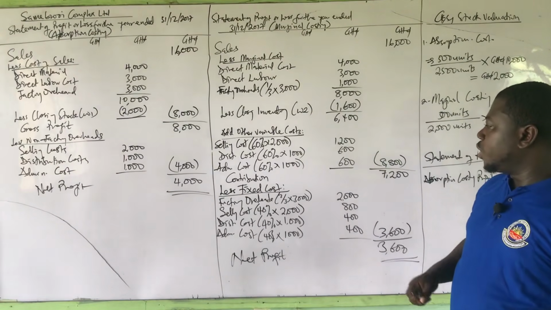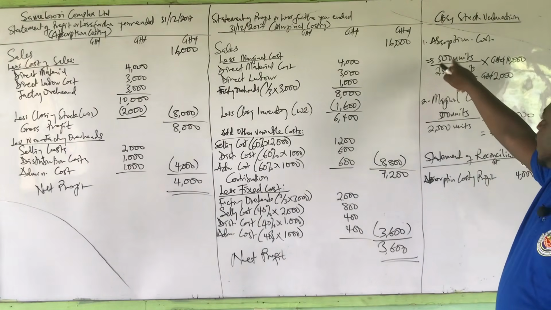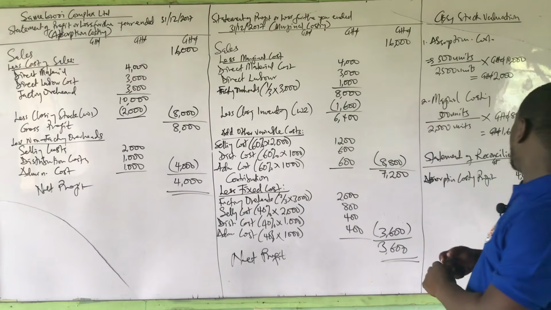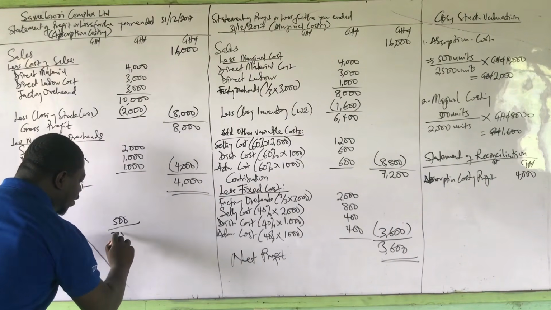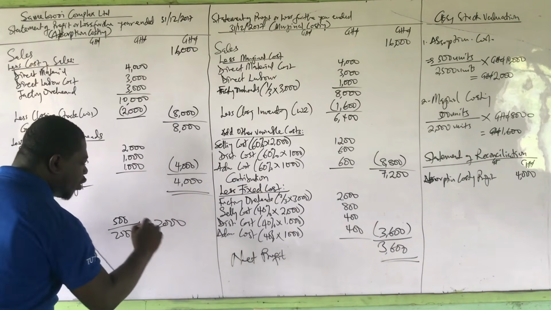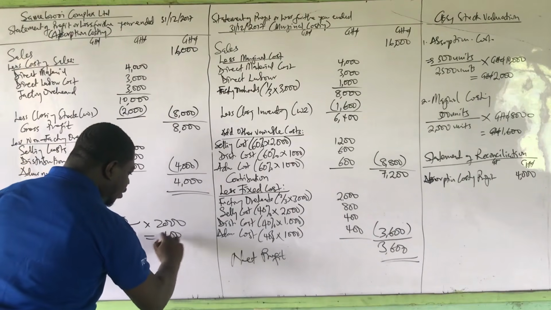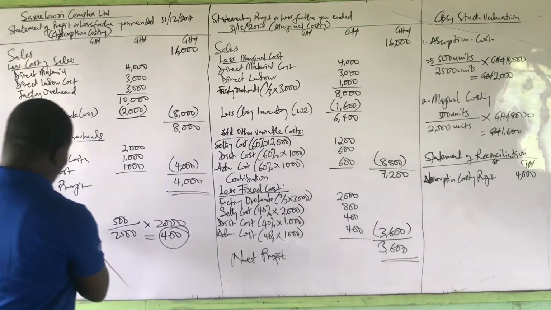So what you need to do is use the 2,000 and apply it on the same fraction, 500 over 2,500. If you calculate 500 units over 2,500 units times 2,000 that was excluded, you are going to get 400. And this 400 is the difference in the profit.